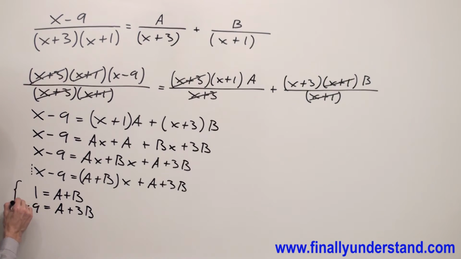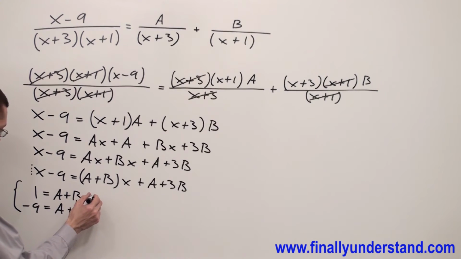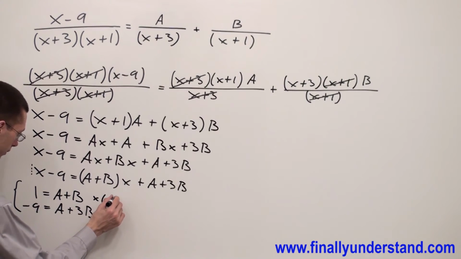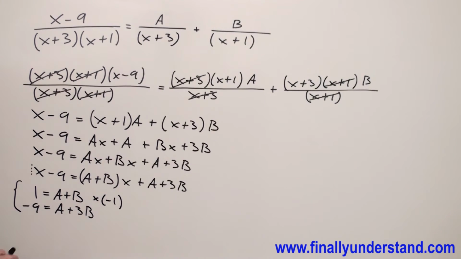Now, please notice that we have got a system of linear equations. What am I supposed to do? I'm supposed to find a and b from these two equations. I'm going to use the elimination method. So in order to eliminate one of these variables, I'm going to multiply the first equation by negative 1. Let's take a look at what I'm going to have.